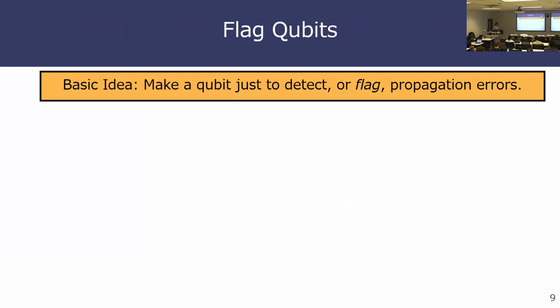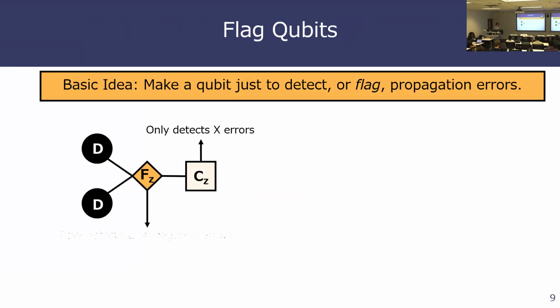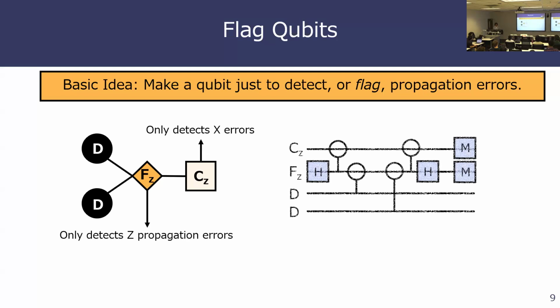So let's use something called flag qubits. The basic motivation behind flag qubits is to make a qubit just to detect these propagation errors in my circuit. So here, for example, I'm going to replace all these triangle qubits with these so-called flags, and we're going to separate the roles a little bit. My Z-check qubit will only have to detect X errors. My flag qubit will only have to detect propagation errors.